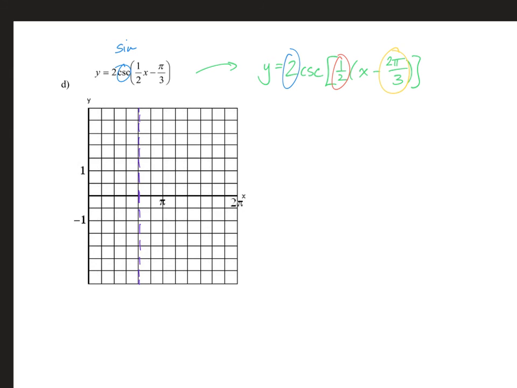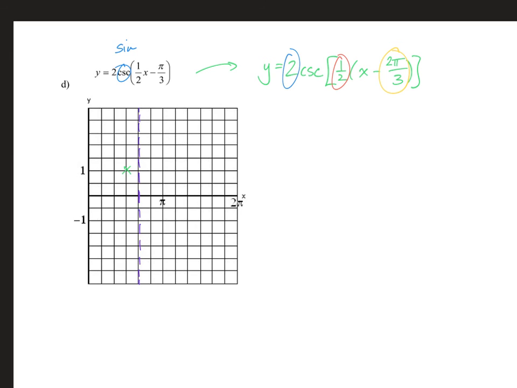Okay, I don't have any zeros on a cosecant, but I do have maxes and mins. So I think back to my sine curve. My sine curve hits its max at pi by 2, so that becomes my min. That means that I'm going to go through and transform this minimum on my sine curve onto my cosecant graph.